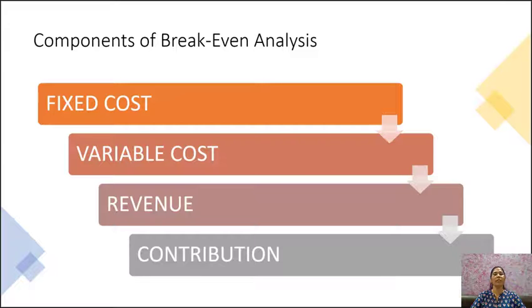Let us see the components of break-even analysis. First is fixed cost. This is the cost that remains the same with an increase or decrease in company's production volume. It is independent of business operations and is payable even without any productive activity.